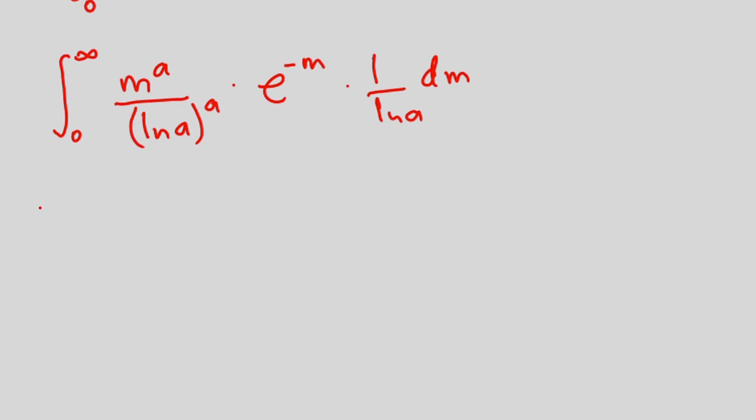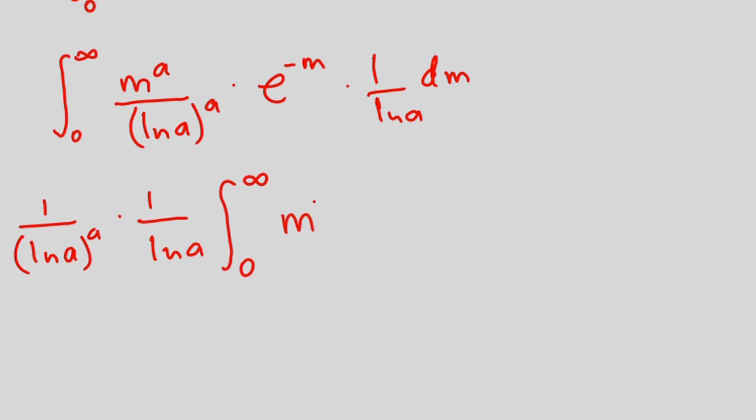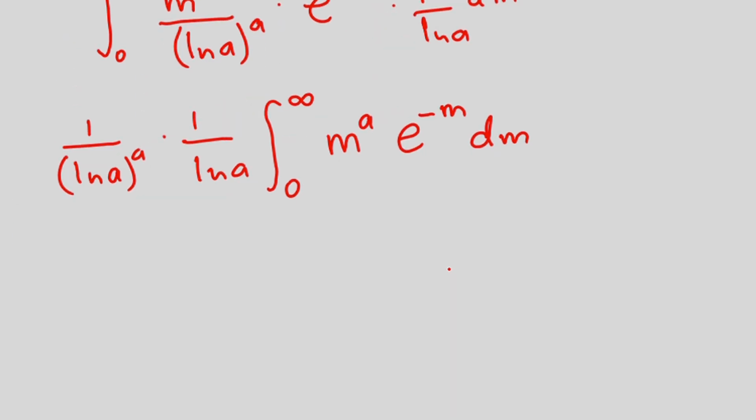We can pull 1 over ln of a all to the power a out, and we can also pull this one out, times 1 over ln of a. Then we are left with the integral from 0 to infinity of m to the power a times e to the power negative m dm. So this is what we have now.